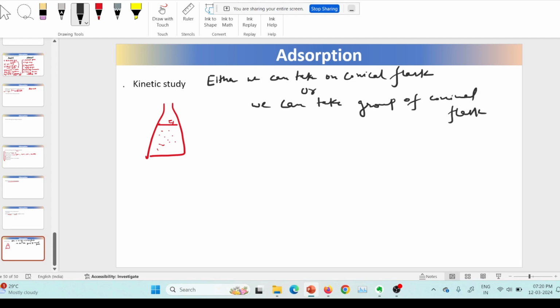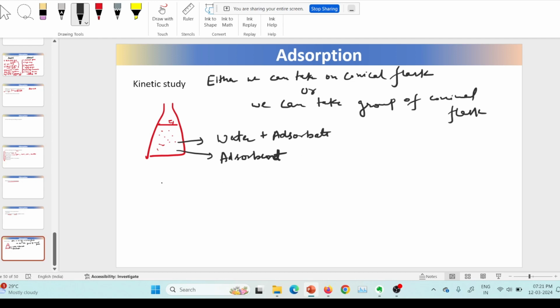I will explain it for one conical flask, and the same can be done for multiple conical flasks also. It has water plus adsorbate, and it also has adsorbent.